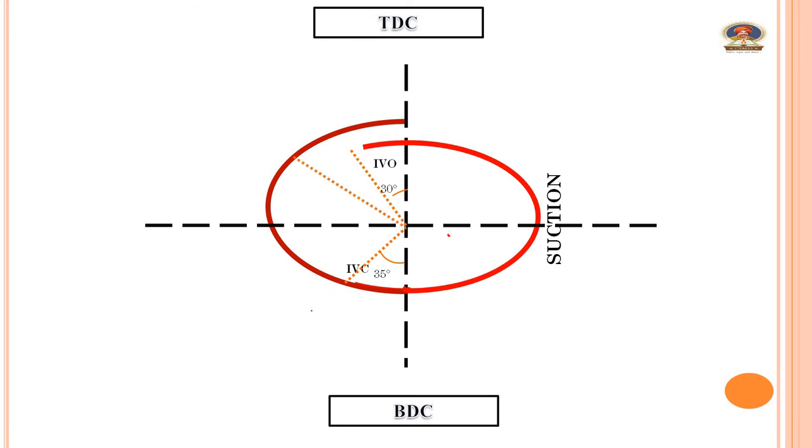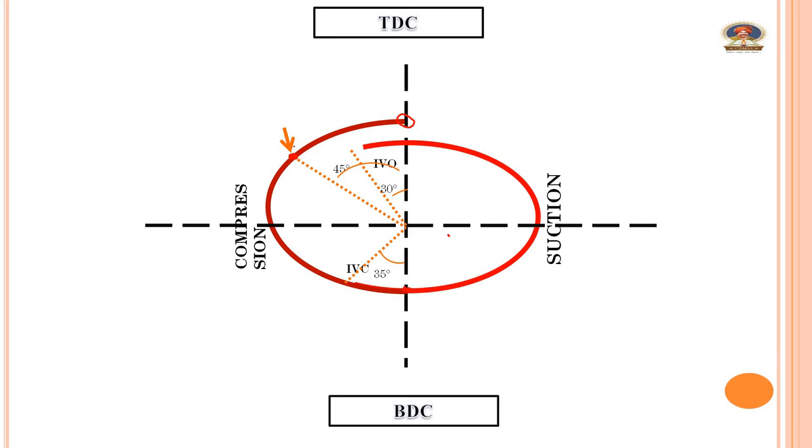During this compression stroke, the spark is ignited. In the theoretical diagram, we have seen that the spark is ignited at the end of compression, but in the actual valve timing diagram, the spark is generated 45 degrees before the end of the compression stroke.